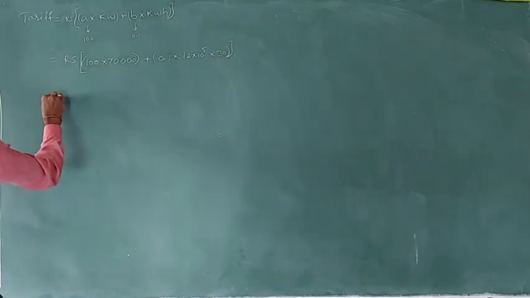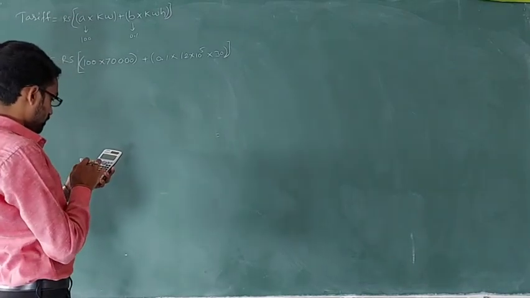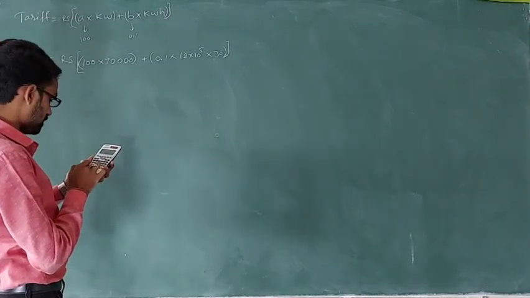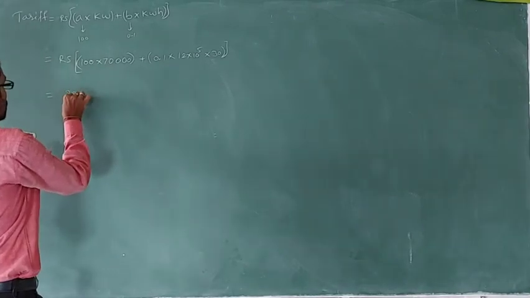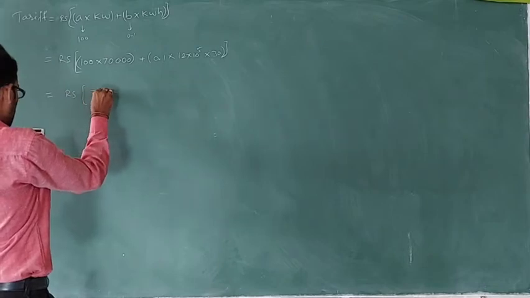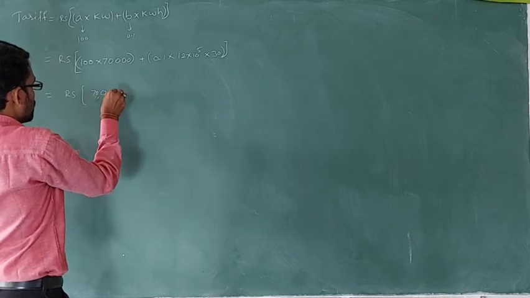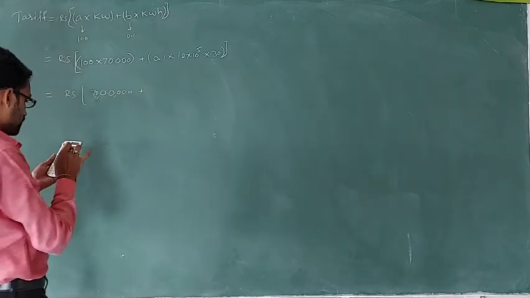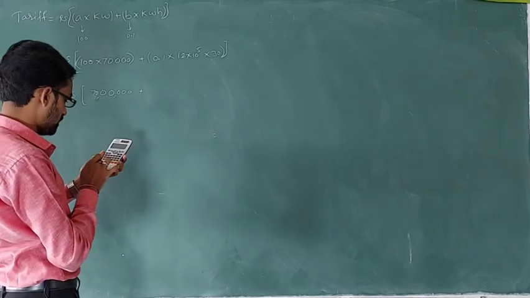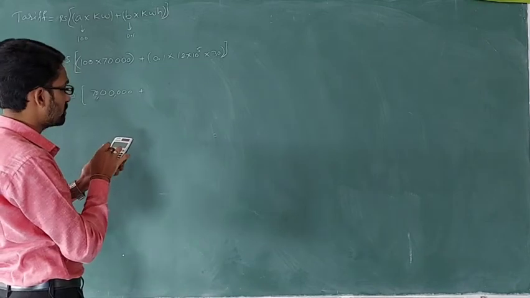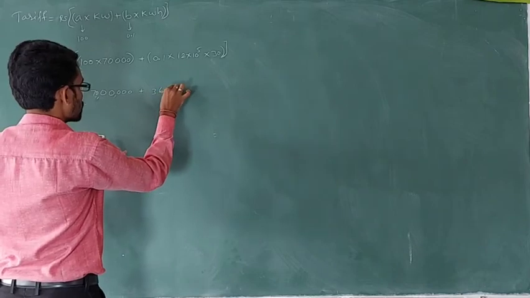If I calculate these things, 100 into 70,000 is 70 lakhs, plus 0.1 into 12 into 10 to the power of 5 into 30, which is 36 lakhs.